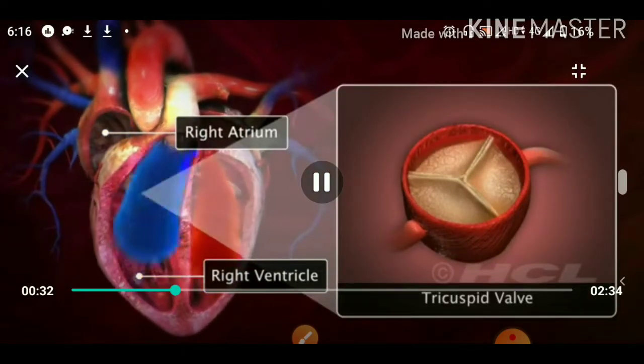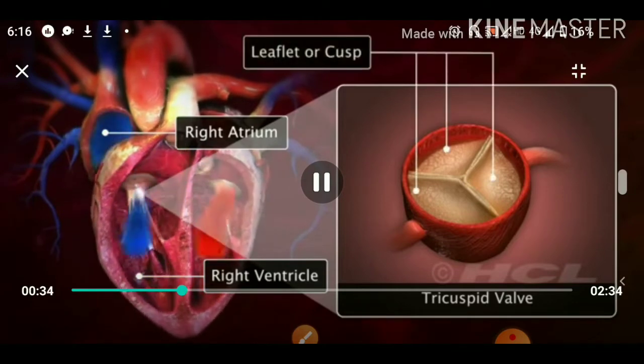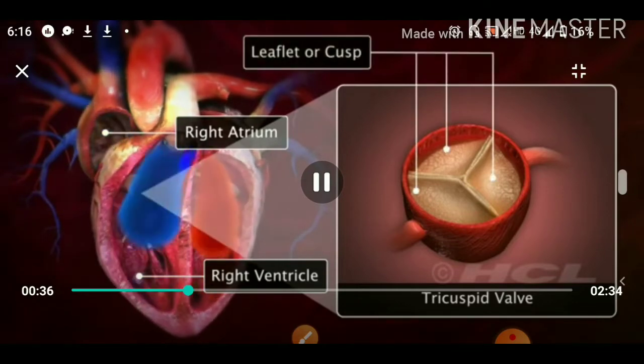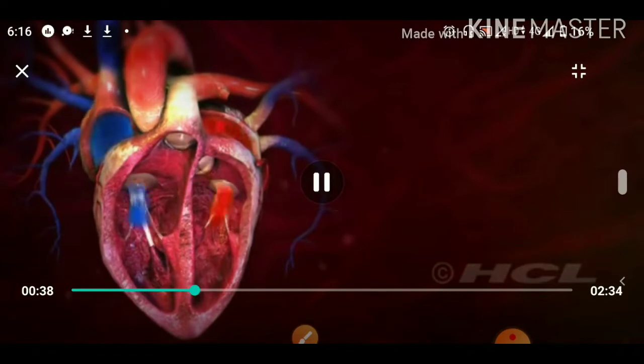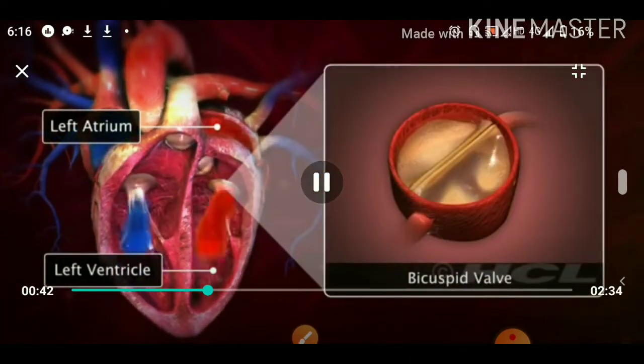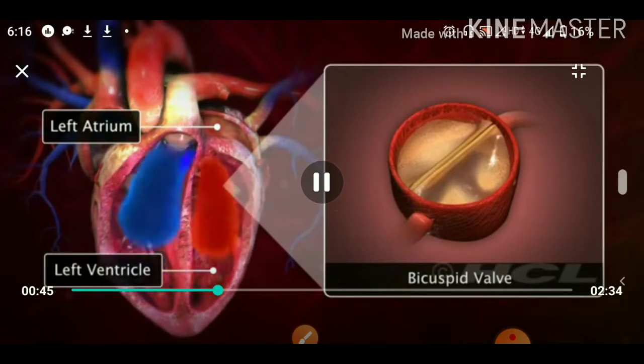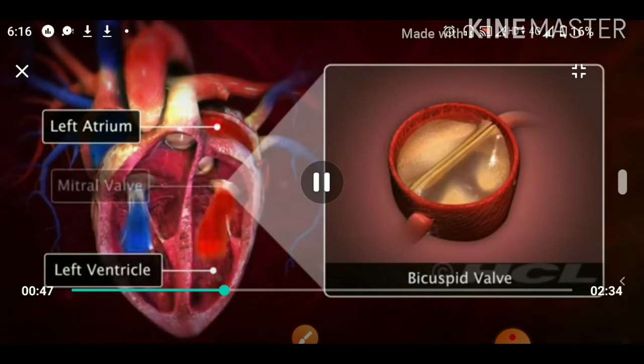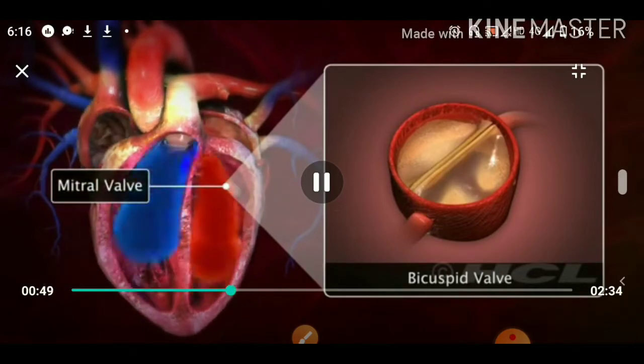These are tricuspid valve. These are bicuspid valve, also known as mitral valve.